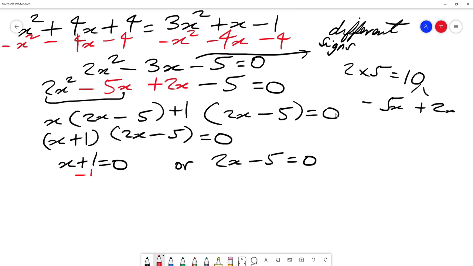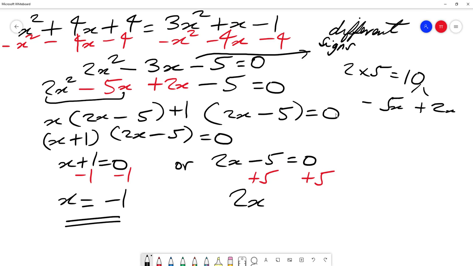So we're going to do minus 1 here, minus 1 here. That's going to give me x equals minus 1 as my first solution. Solving this linear equation, we get plus 5, plus 5. So we get 2x equals 5. Dividing by 2, dividing by 2. So x equals 5 over 2.